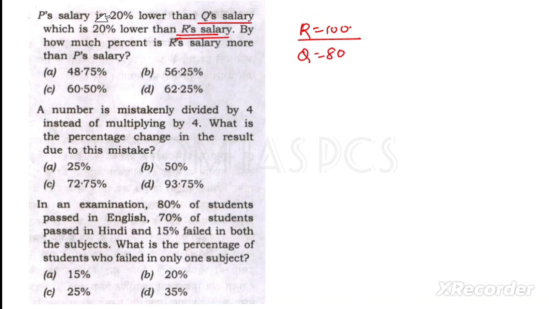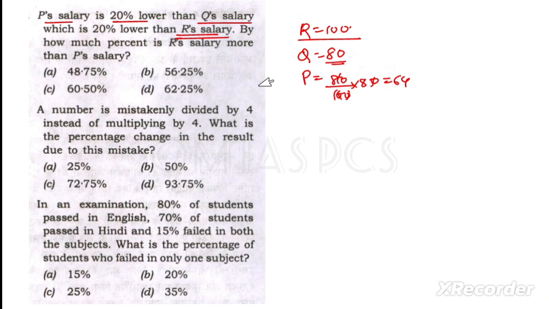And P salary is 20% lower than Q salary, which means 80% of 80. So basically it will be 64. So easily you can find the salaries of P, Q, R in this way.